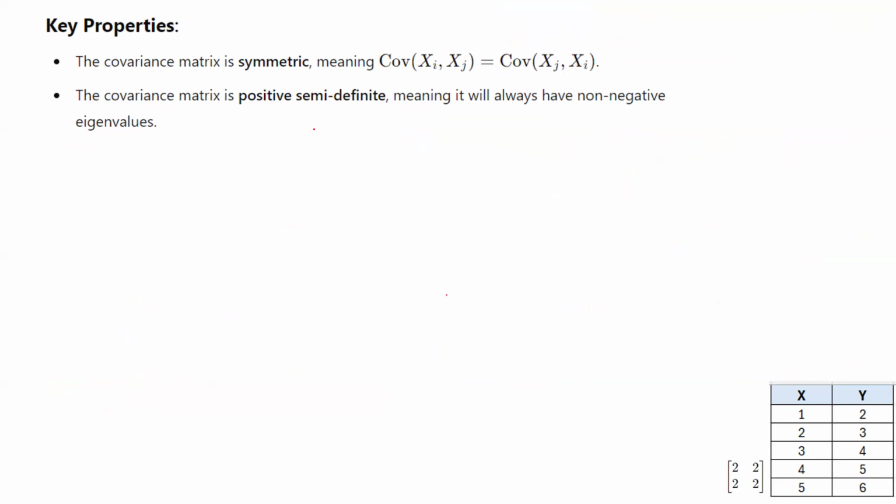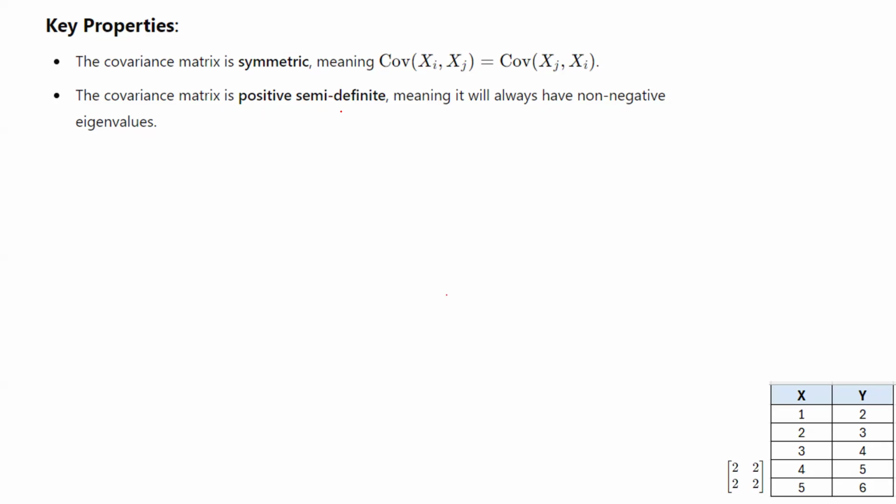Now look at this diagram. The covariance matrix is symmetric, meaning covariance of xi, xj is equal to covariance of xj, xi. The covariance matrix is positive semi-definite, meaning it will always have non-negative eigenvalues. So all the properties of a positive semi-definite matrix apply to the covariance matrix as well.